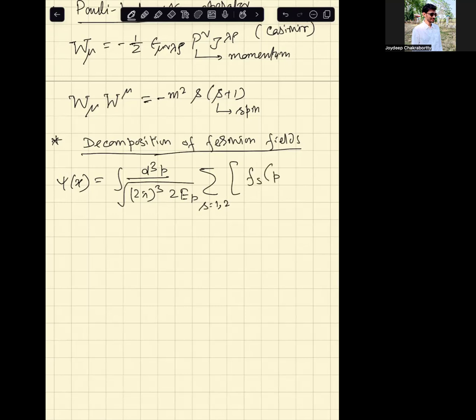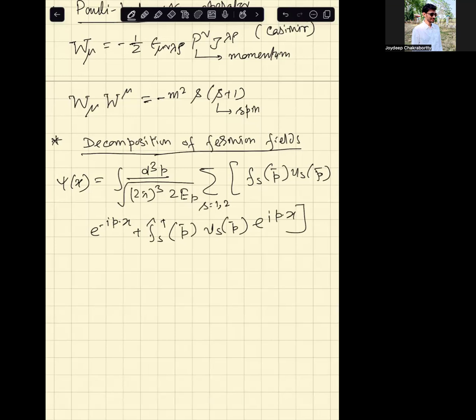Okay. F_s of p, u_s of p, e^(−ip·x), plus the other term, with d_s of p, v_s of p, e^(ip·x). Right. So now, if you try to recall the scalar case, what did we have?